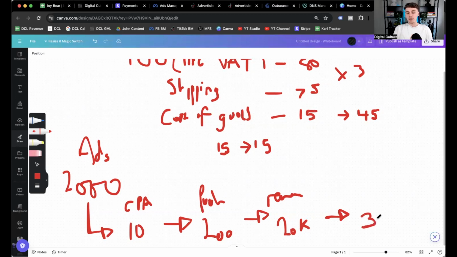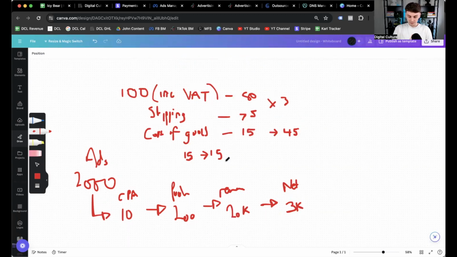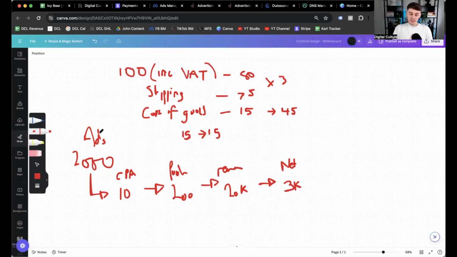So they're actually only making £3,000 in net profit. Now, that's not including the cost to run the ads, which is the final cost. So when we look at this, they're spending £2,000 on ads at a £10 cost per purchase, which is 200 purchases in that month, 20K in revenue, which is really nice. On paper it's a 10x ROAS. But after the VAT, after the shipping, after the cost of goods, they're making a net profit of 3K.